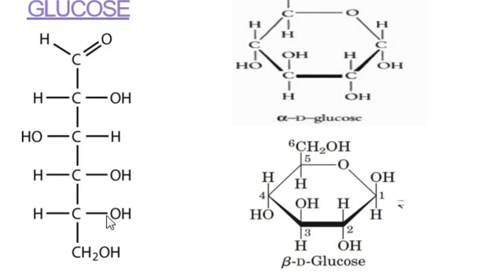So this is the time that when you convert it into your Haworth, your O here will connect your carbon number 1 and 5. So when you look at it, from linear here going to your Haworth projection, this will now represent your carbon number 1, 2, 3, 4, and 5. And this is the sixth carbon.